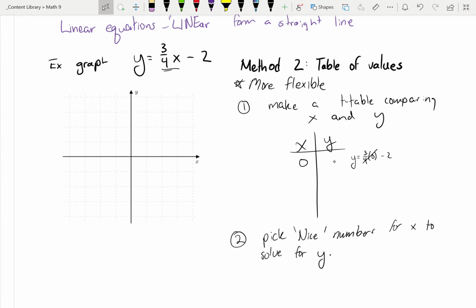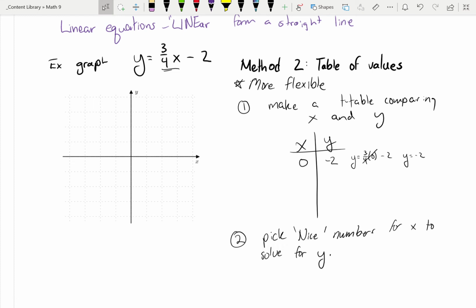This goes away. So I end up with y is equal to negative 2. And I take that value and I put it over here. The reason why I want to solve for y and not x is because I already have all the math on one side. I have y equals a bunch of stuff. It's much easier to pick a value for x and solve for y than the other way around.